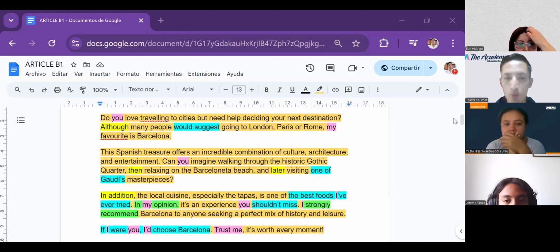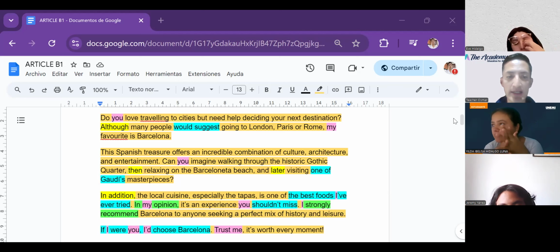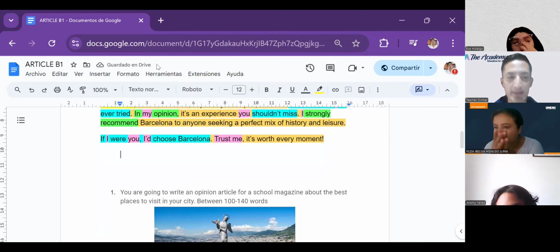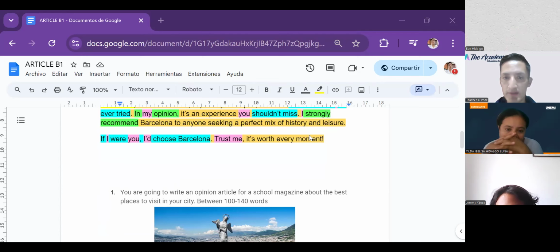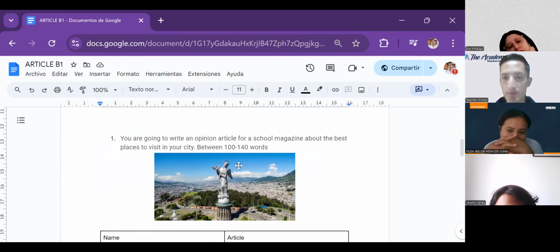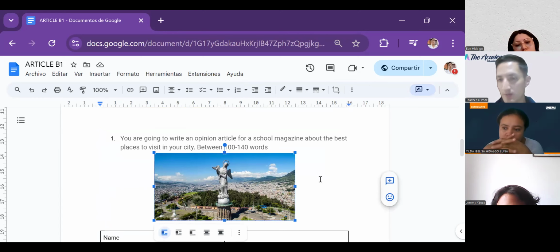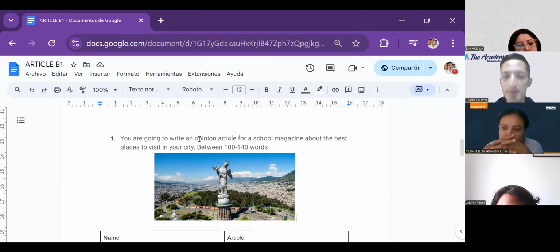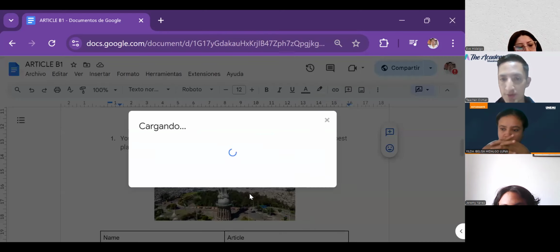Remember, what is the idea? The idea is that you are going to write an opinion article about the best place to visit in your city, okay? So can you see it over here now? This is the example. You're going to write an opinion article for a school magazine about the places to visit in your city. So if you live in Quito, remember, you gotta talk about Quito. If you live in another city, remember, it's an article about the places to visit in your city, okay?